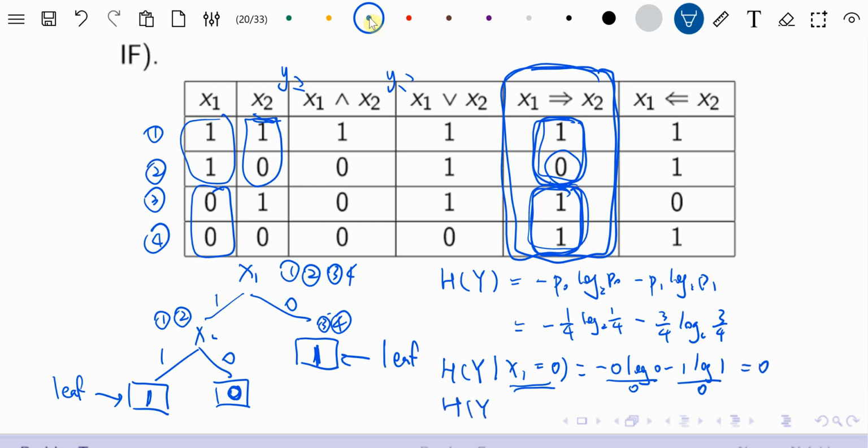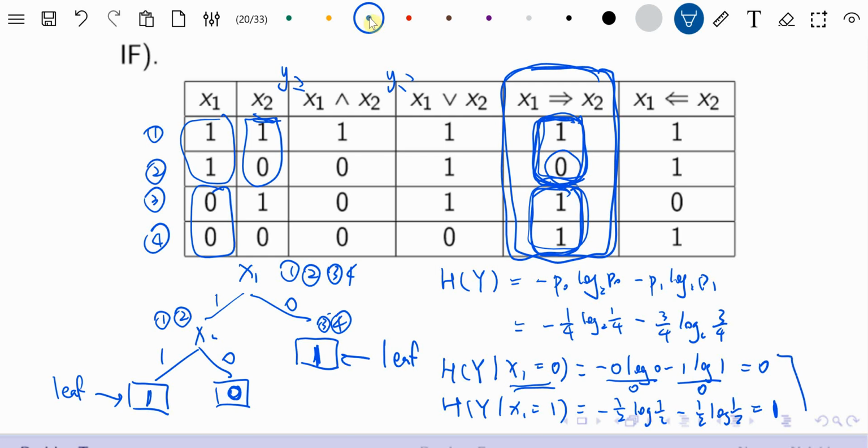Similarly, we can do it for x1 is 1. Then half of it is 0, the other half is 1. Substituting numbers, log half is minus 1, so 0.5 plus 0.5, which is 1.